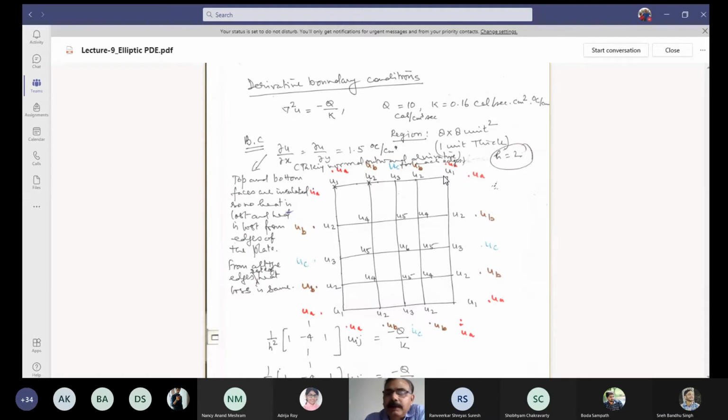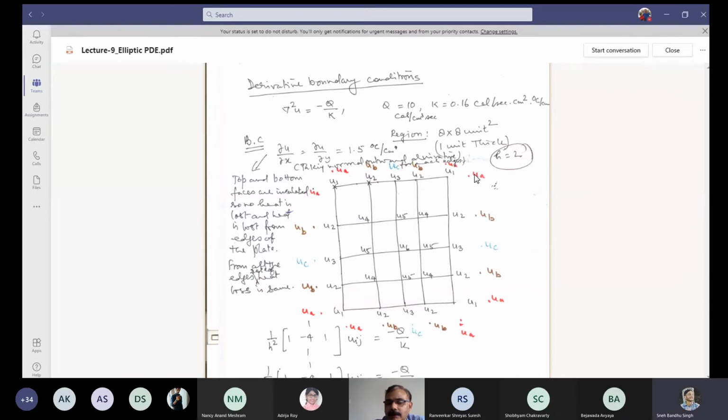Now, if you want to write the equation for u1, what will that be? One forward point is a fixed point, that is not in your domain. So let us assume that the domain is extended by one more step. I have written here one more step, UA, that fixes one.